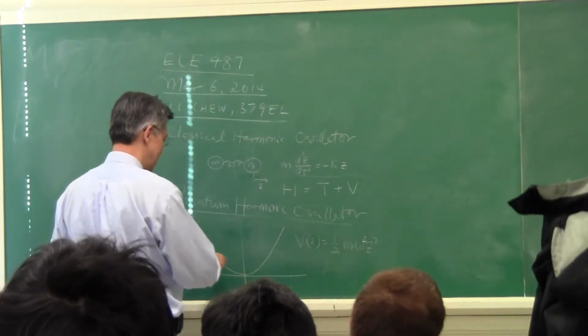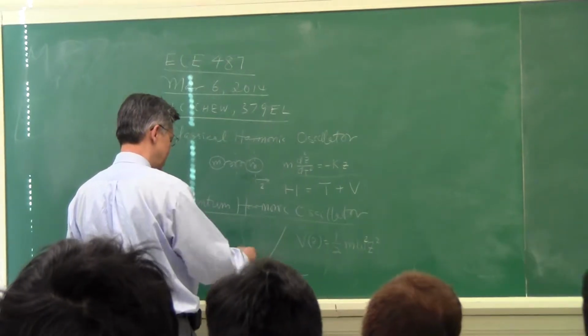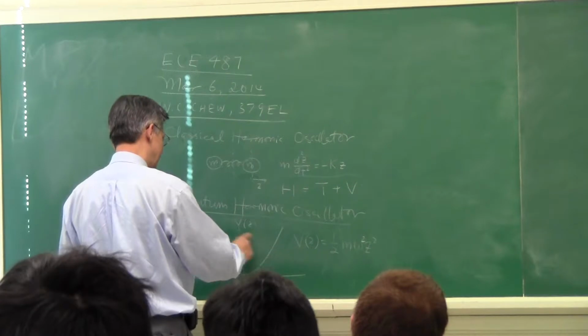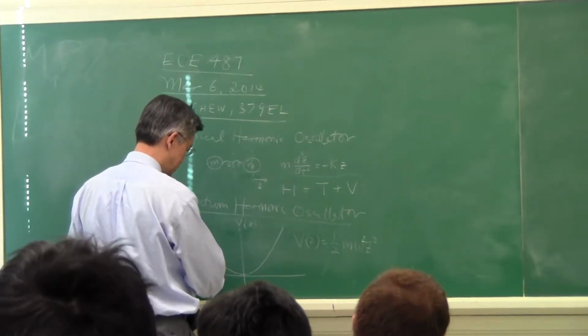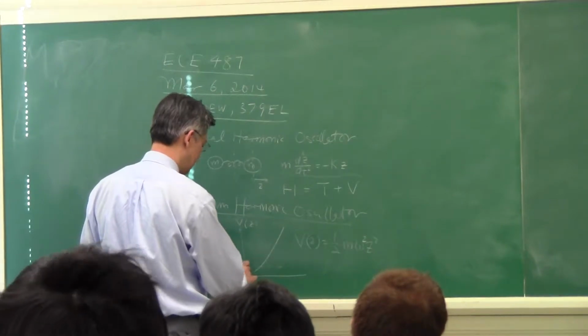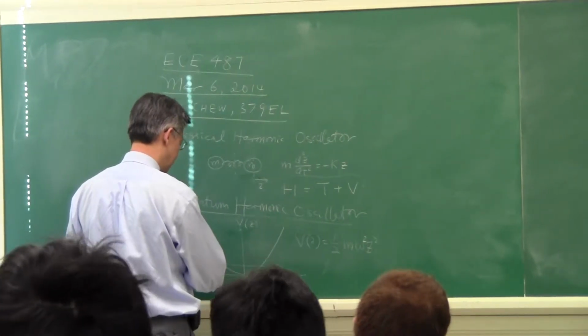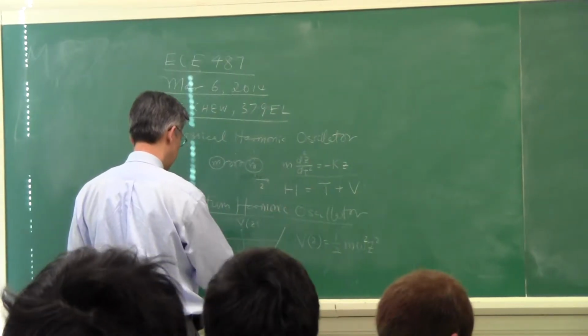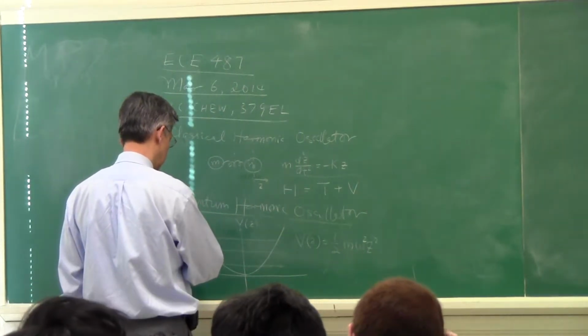And then you find that if you have a particle trapped in this potential well, this is V of z, the particle will have trapped modes, and then you will have energy levels, just like when we have a particle trapped in a potential well.